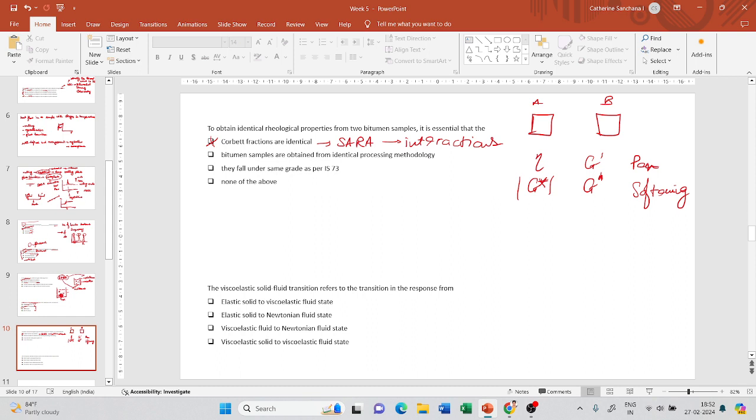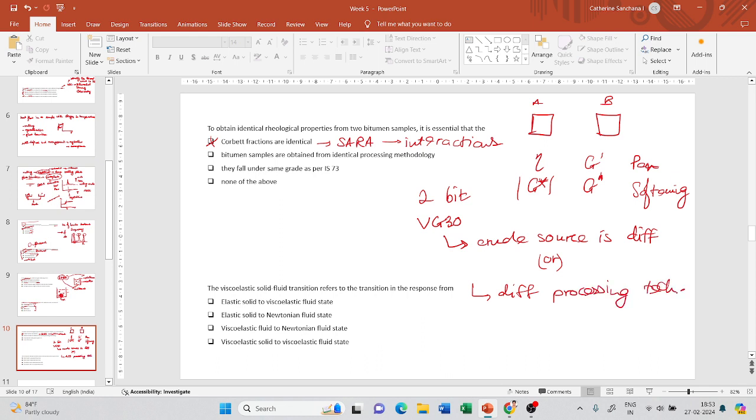When we saw the extraction method itself, I would have said two bitumens of the same grade, if they are not from the same source, if the crude source is different, or if they are produced using different processing techniques, then they need not have identical rheological properties.